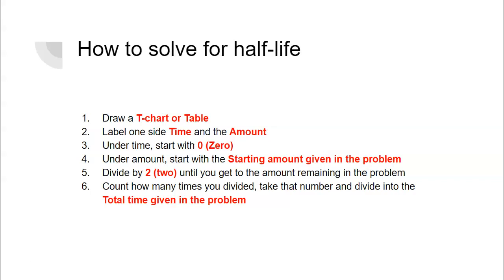That number of half-lives, you're going to take it and you're going to divide it into the time elapsed, or the time it took. So your problem should tell you that in a certain amount of time, you've gone from 100 grams to 25 grams, okay? And then you're going to take that time and divide it by the number of half-lives you went through. And you'll see that in our problem next.